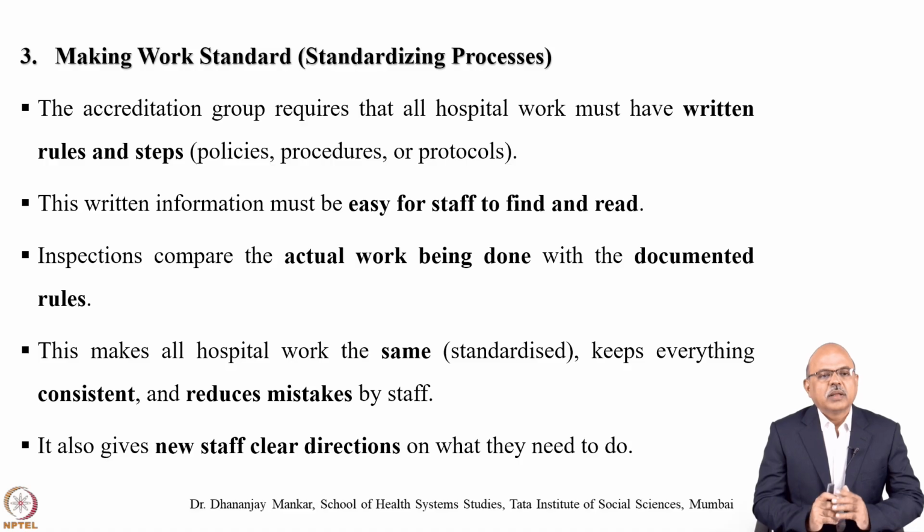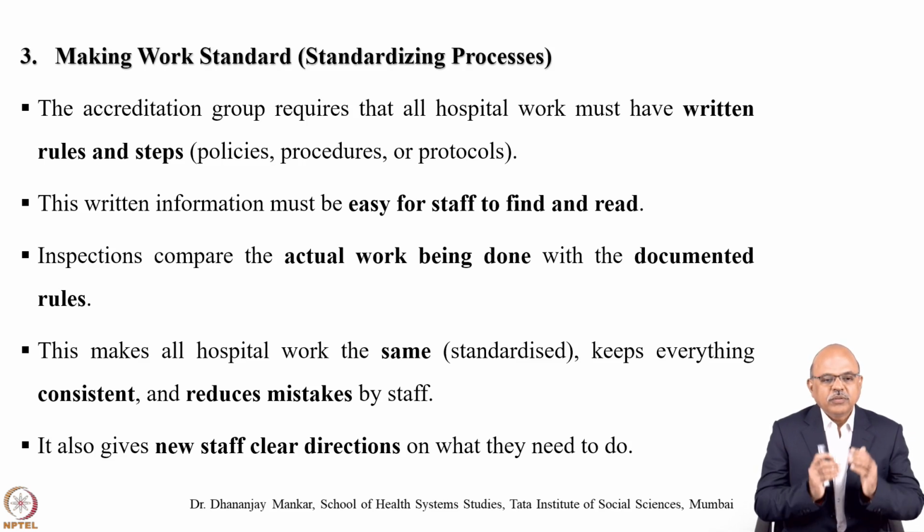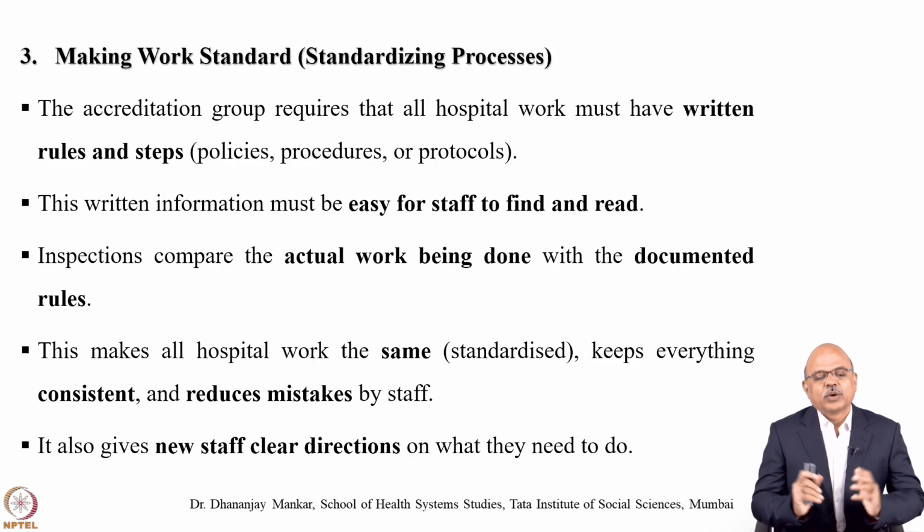Third comes, in line, making work standard, that is, standardizing processes. What is it? The accreditation group requires that all hospital work must be written as rules and steps: policies, procedures and protocols. This written information must be easy for staff to find and read. Inspection compares the actual work being done with the documented rules.